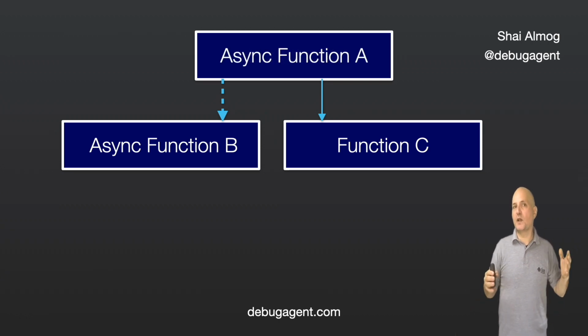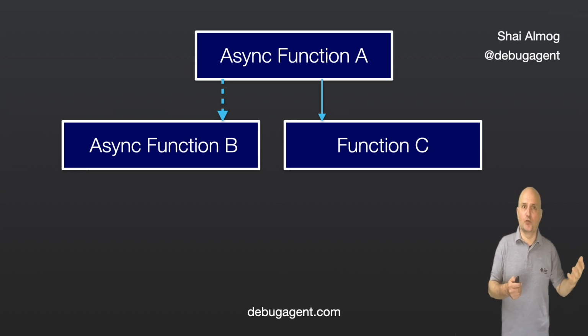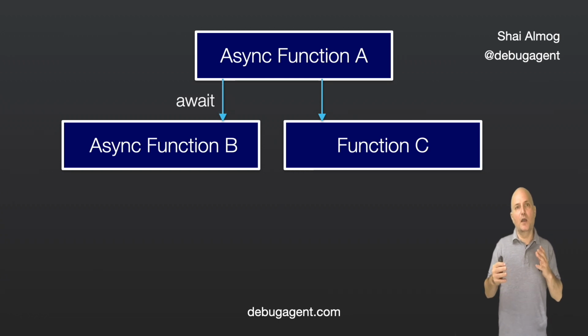But what if function A is asynchronous too? There's no point in running function B in the background, whereas function C might need the results of function B to proceed. The await keyword invokes the async function and then waits for it to finish.